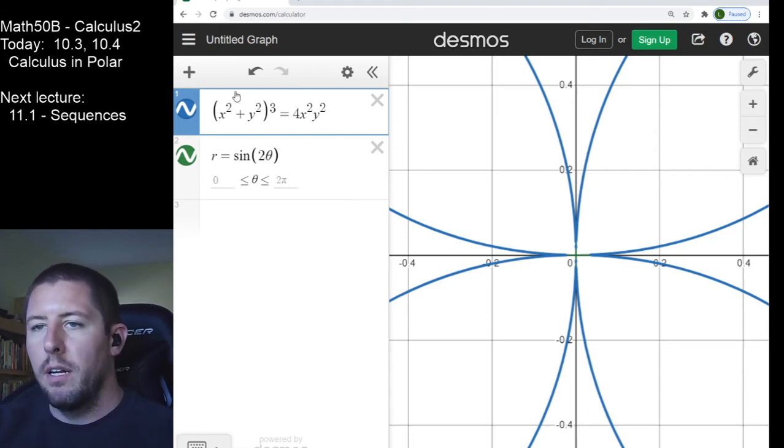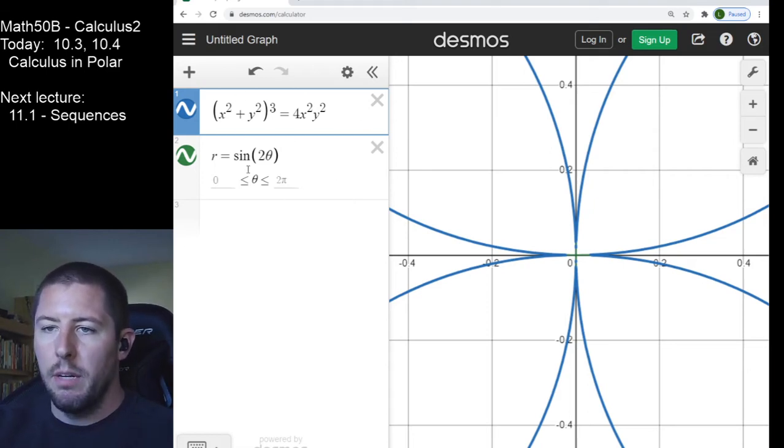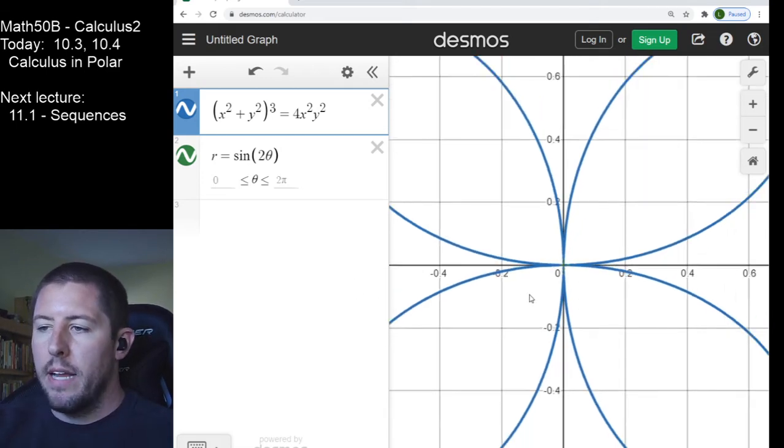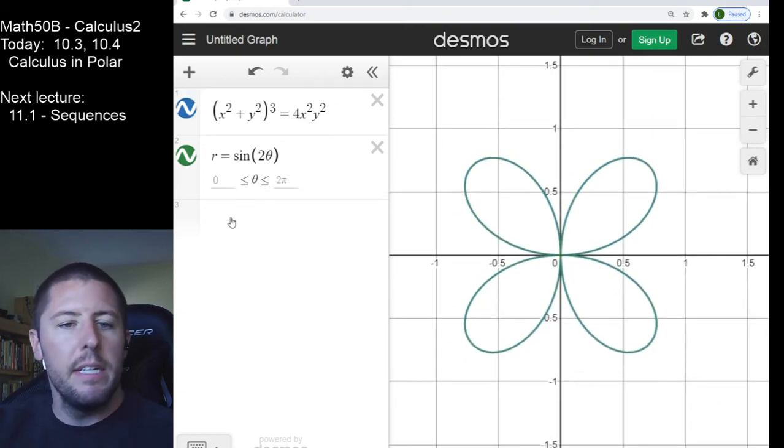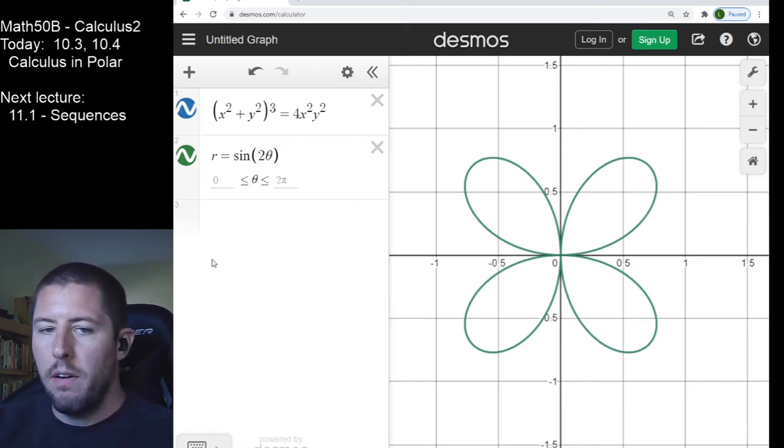It's kind of struggling a little bit to handle this graph in Cartesian more than it's struggling to handle this graph in polar. And that's not a surprising thing when Desmos has to handle this stuff numerically rather than exactly. But in any event, this is excellent evidence that we did the correct conversion here to convert this gross equation in x and y into a very clean equation in terms of r and theta right there.